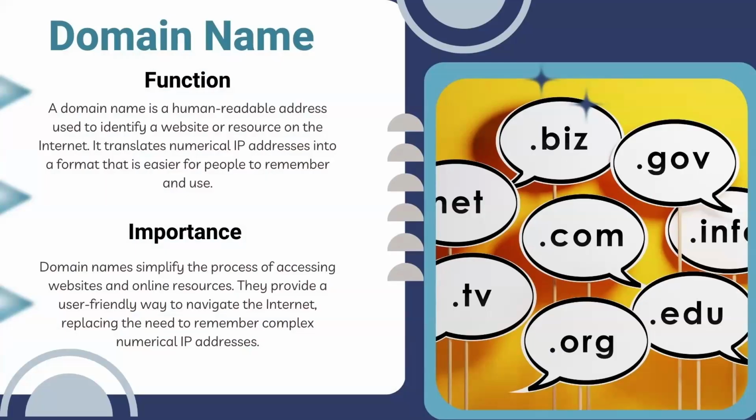It takes the IP address, which is hard to remember, like a phone number, and assigns it to something easier to remember, such as a website name. So it's important that it's able to simplify these so it provides access to more people easily. It provides a user-friendly way to navigate the internet and replaces the need to remember these complex IP addresses.